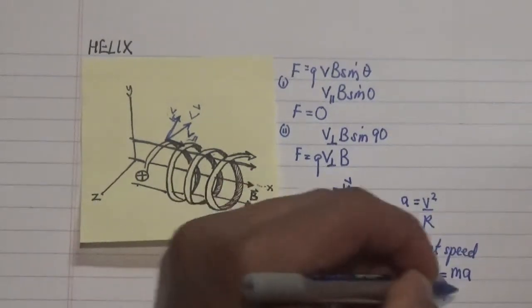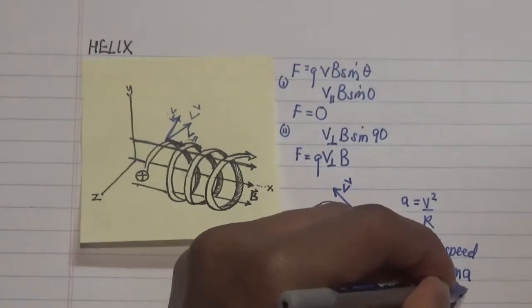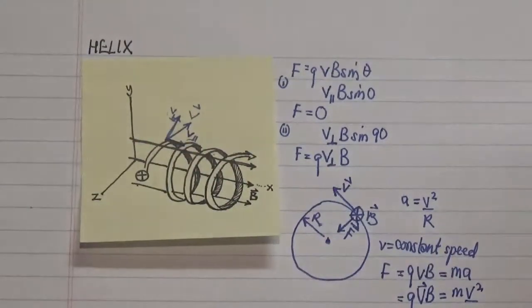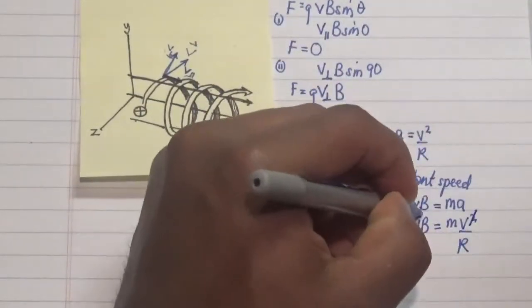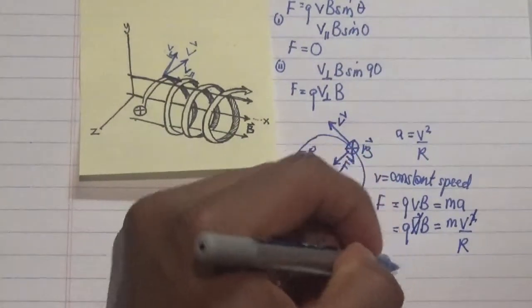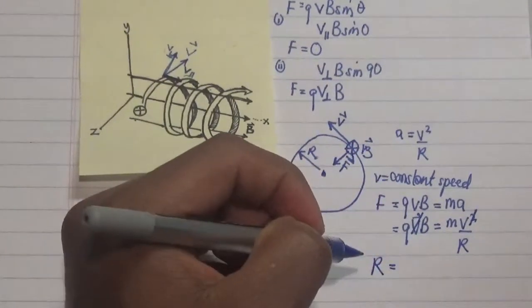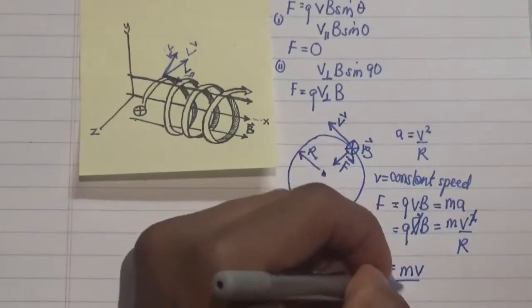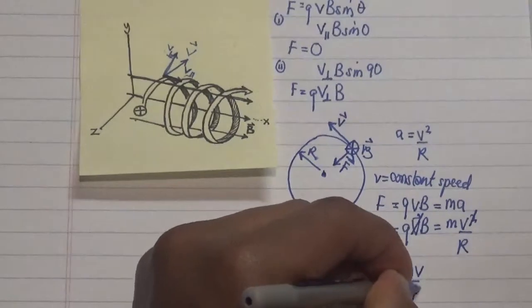Then what we have is QVB, where V is velocity, is equal to mV squared over R. So in this case you cancel out your V's, and what you're left with is R equal to mV over qB.